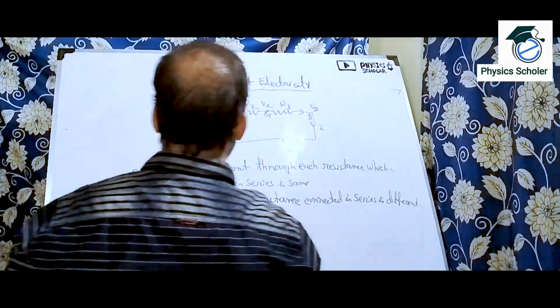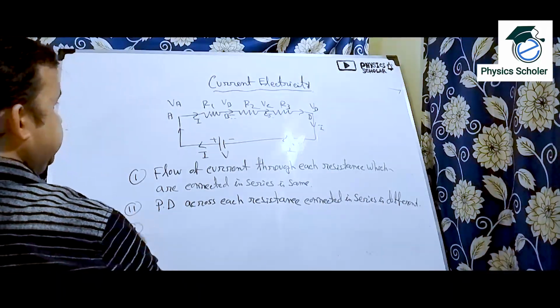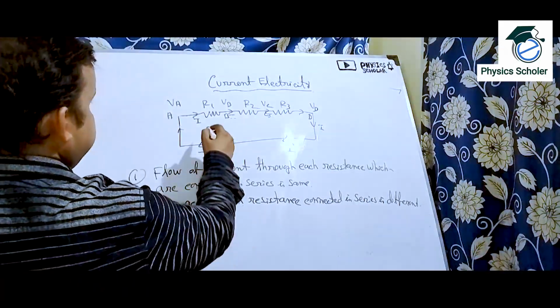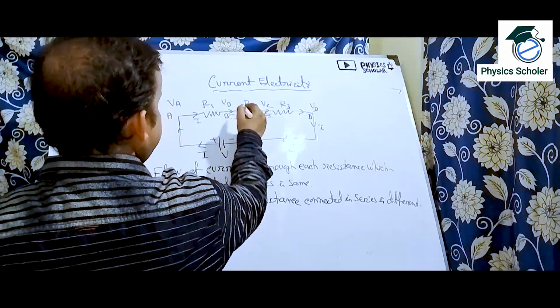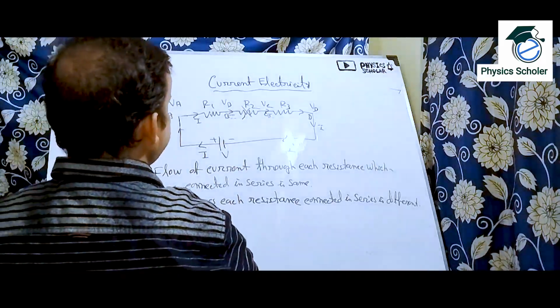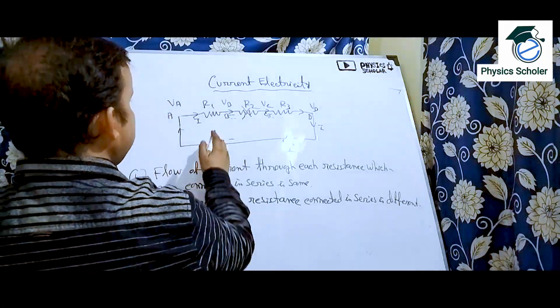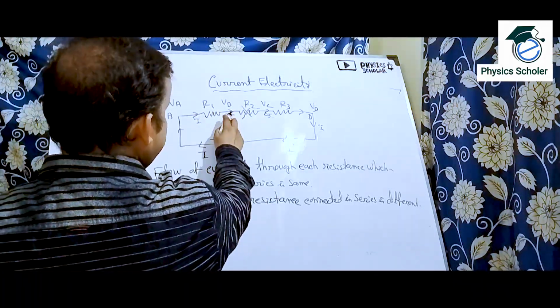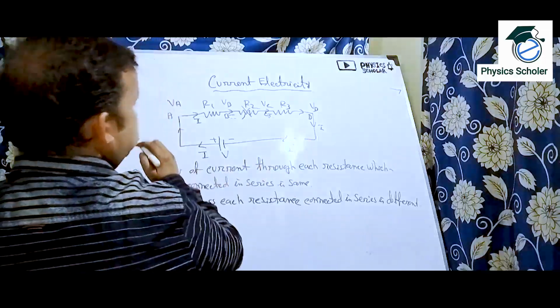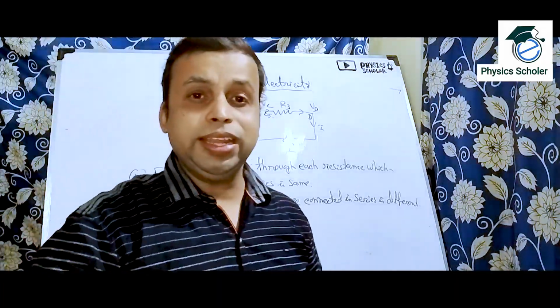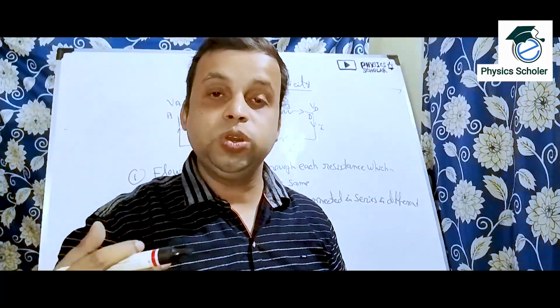Now next, if any component or any resistance is damaged, suppose these are electrical equipment, then what will happen? The current can enter up to this point but cannot come out. So actually all other instruments which are connected in series will not work.